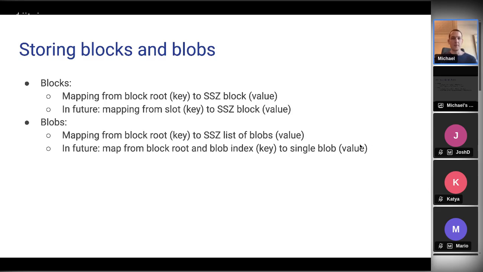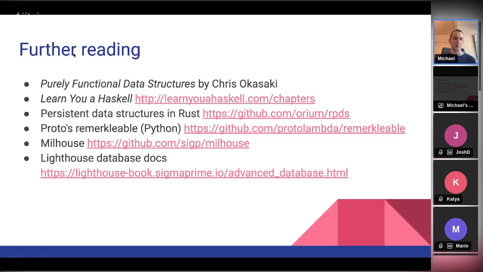I've put some links here. These are adapted from a previous talk I did that was more on the functional data structure side. But if you're interested in digging into the ideas behind Milhouse, I've got some links for functional data structures and functional programming generally. There's a library that we also use that I didn't really cover called Rpds, which is persistent data structures in Rust. If you're familiar with Rust, that might be interesting.